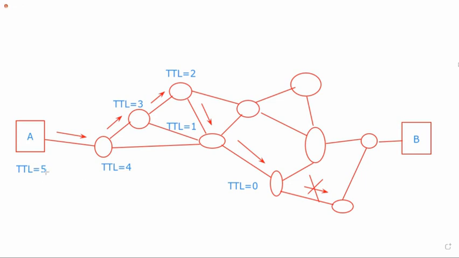Let's say we put 255, so it goes like this, and suddenly while that packet is traveling through these routers, right? So let's say the packet has come here now.